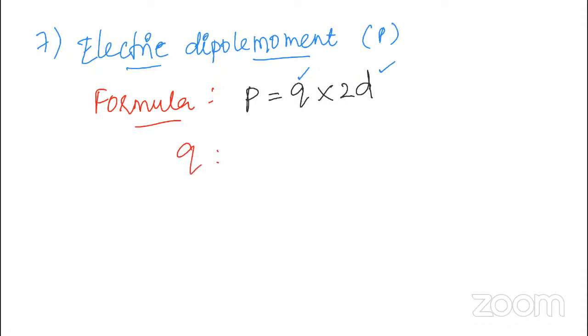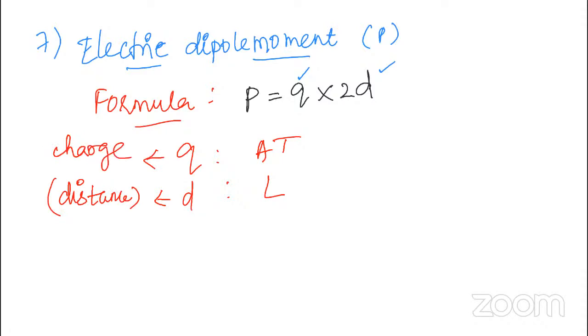For Q, it is AT, and for D, it is L. Here D is nothing but distance, and Q is nothing but charge. Very good. So the dimensional formula for electric dipole moment is simply LTA.